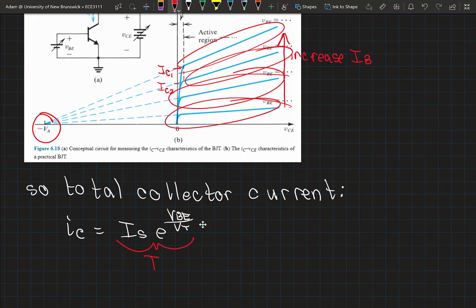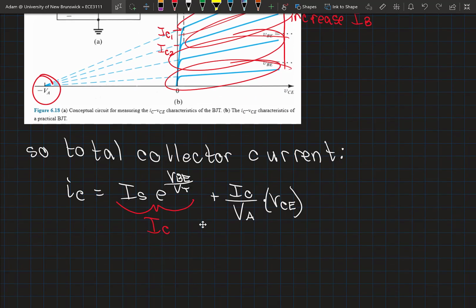This is the DC operating point, or the large signal component of our collector current, but that large signal component is also impacted by the early effect, which we said was the operating point divided by our early voltage times my collector to emitter voltage.